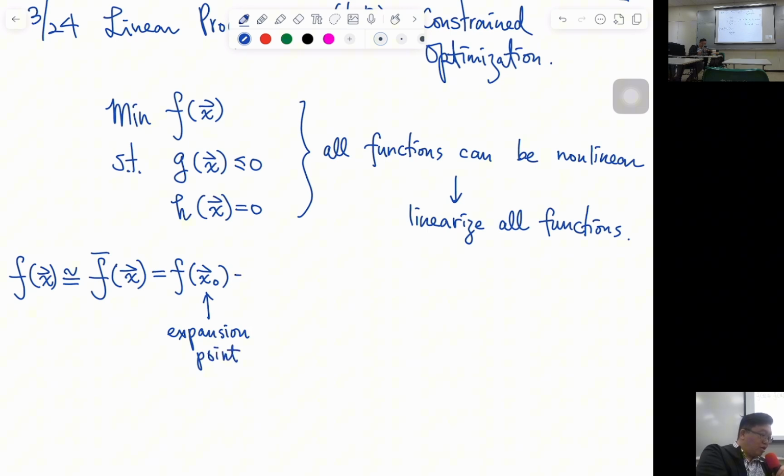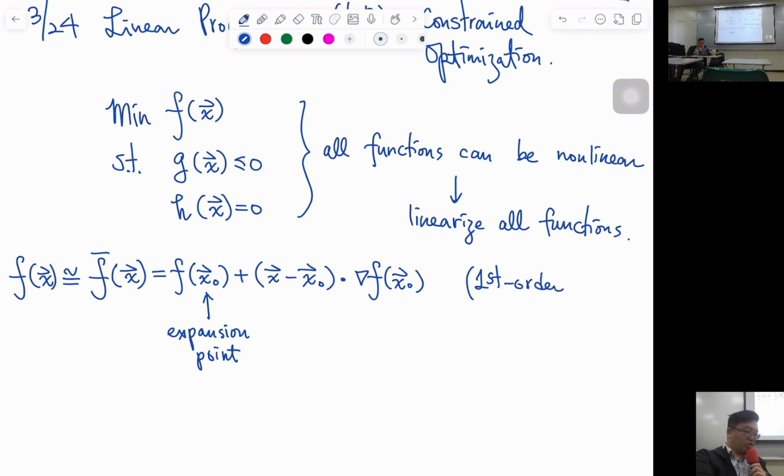Okay, and then a dot product right here, the gradient. This is basically the first order Taylor expansion.